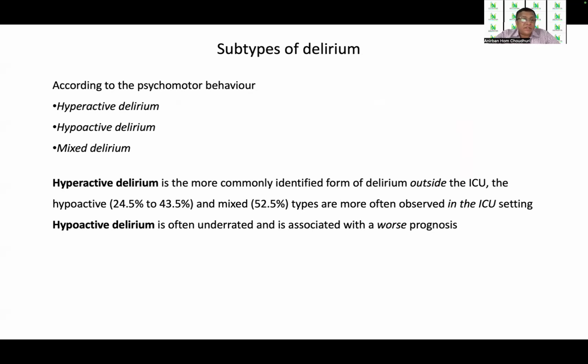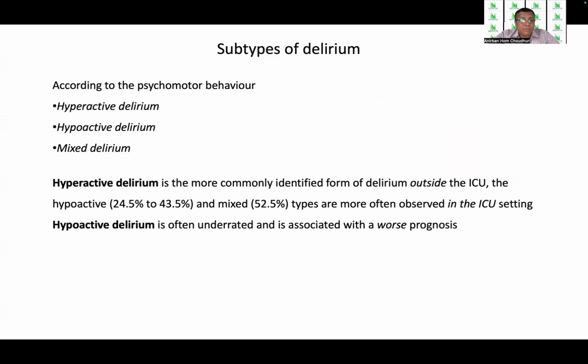This is the commonest. And second is the hypoactive delirium. So around half of the cases are because of mixed delirium, and a quarter or a little more than that is because of hypoactive delirium, and even fewer are hyperactive delirium.